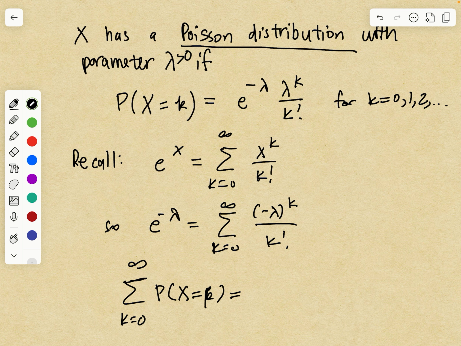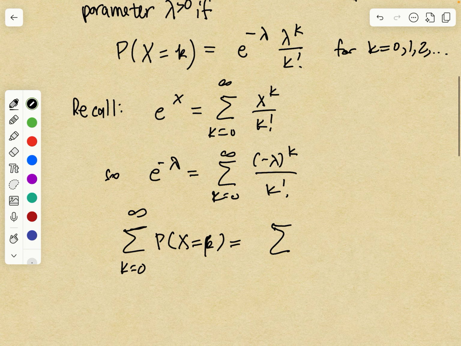Oh, I see how it works. Sorry, I have e to the lambda is this sum.